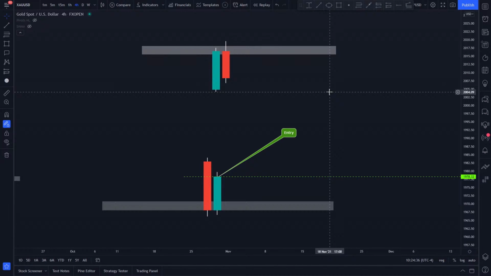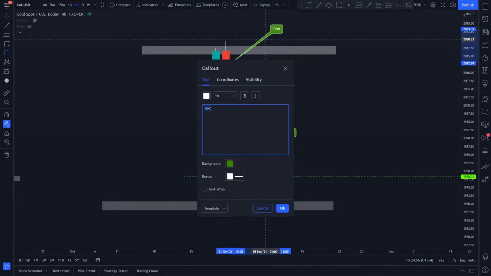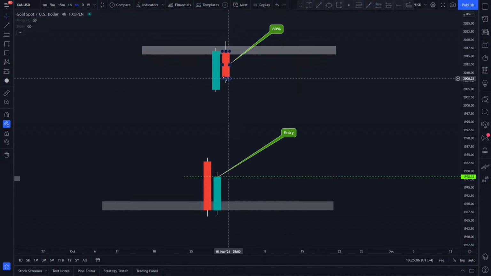You want to make sure that the inside candlestick is more than 80% of the body. What do I mean by that? If you see anything less than this body, it's going to be an invalid candlestick. You need to have at least 80% of the body. Now this is NTG's confirmation for inside candlestick, because I don't just trade any type of inside candlestick. If the inside candlestick looks like this, that's not an inside candlestick to me anymore.